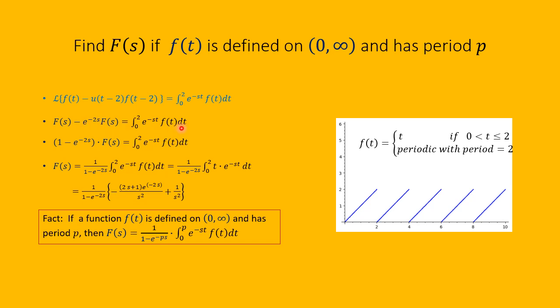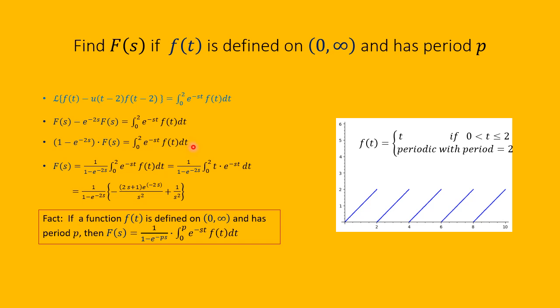Going from this second equation down to the third, we just recognize that capital F of s is in both terms of this left-hand side, so factor it out. The quantity 1 minus e to the minus 2s times F of s is the integral from 0 to 2 of e to the minus st f of t dt.